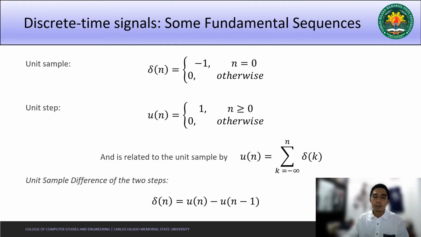In this way, the difference equation of the two steps may be implemented in the unit sample as the unit step u of n minus u of n minus 1.